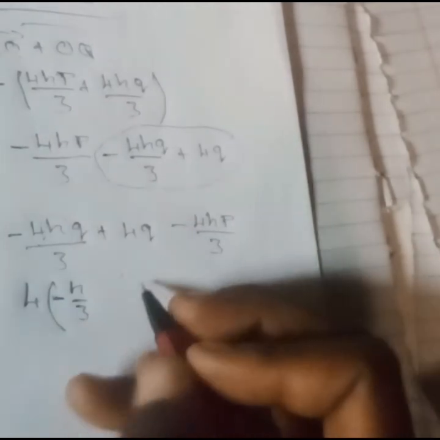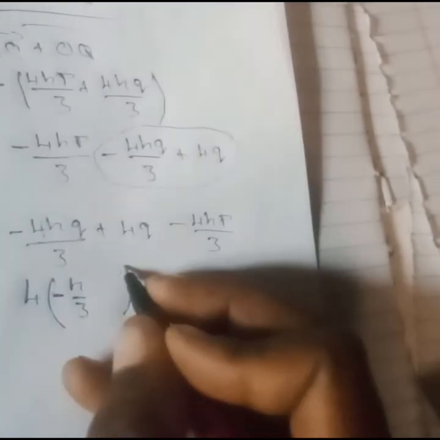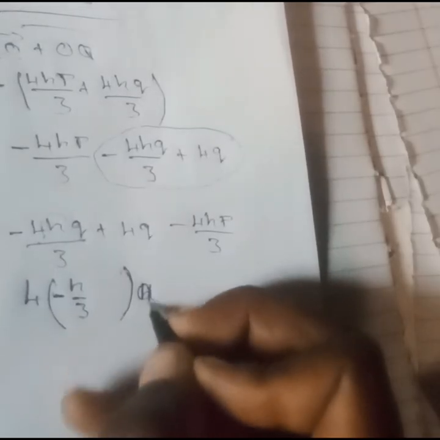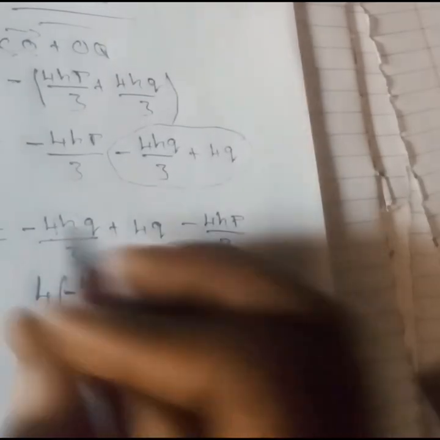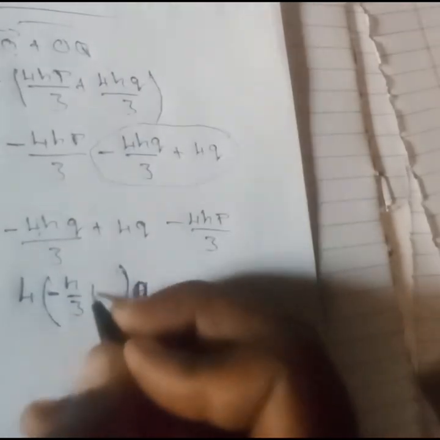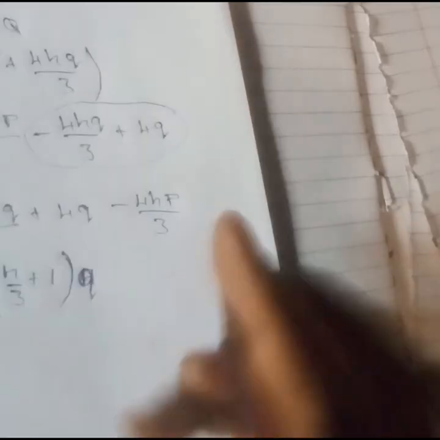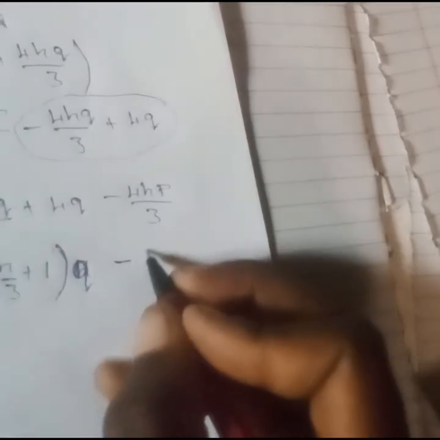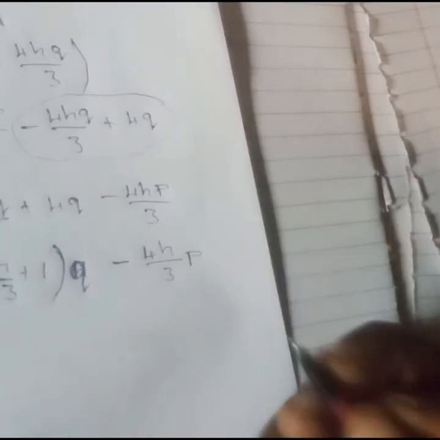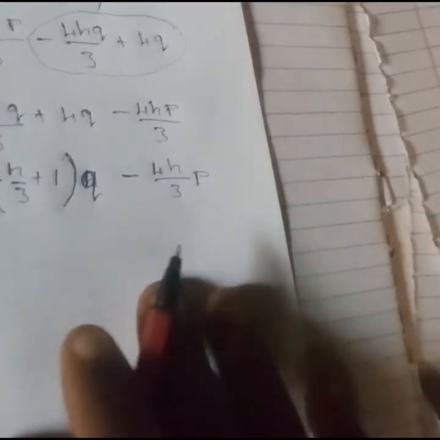Q and Q cancel, so here we remain with plus 1. Then minus 4H over 3, then P, it is written like this. According to the way they have answered, that's the way we are supposed to show this work.